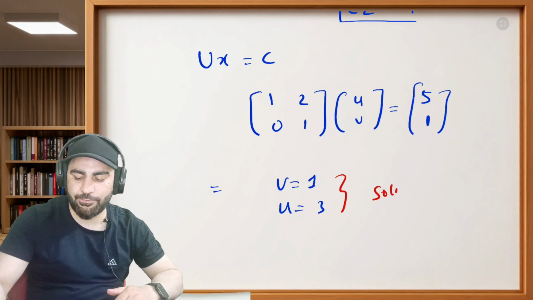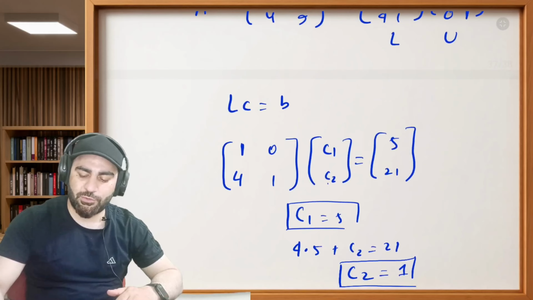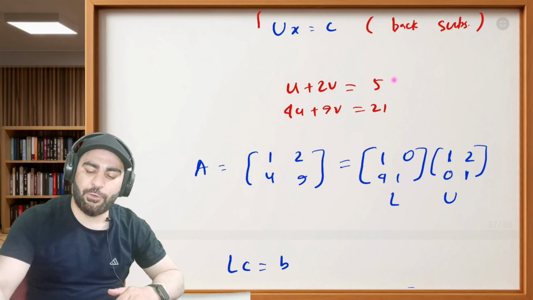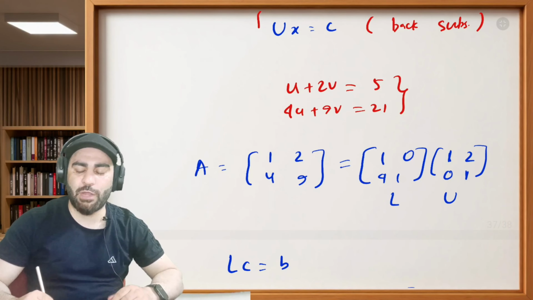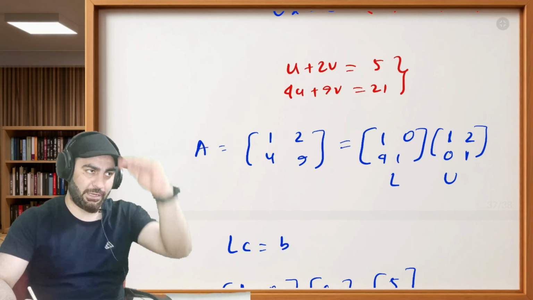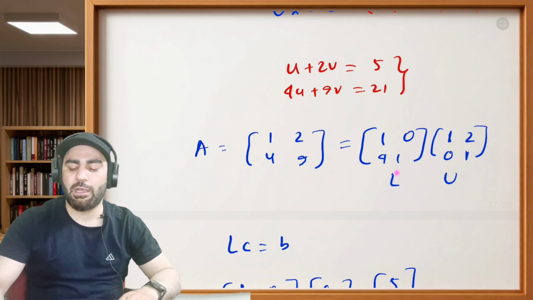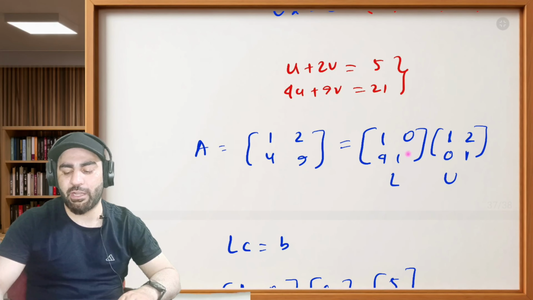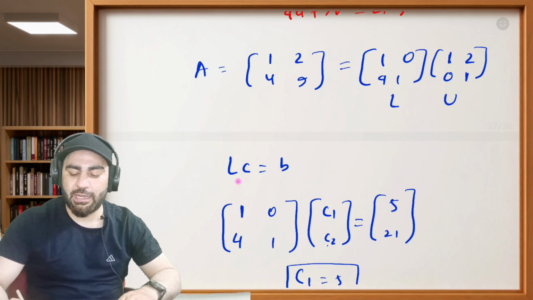So here's the solution. If you had this 2 cross 2, with two variables and two equations, we performed this elimination. But what you did, you directly took this L and U. You had this LU decomposition. From this LU, you said, let's say LC is equal to B. You know what B is.